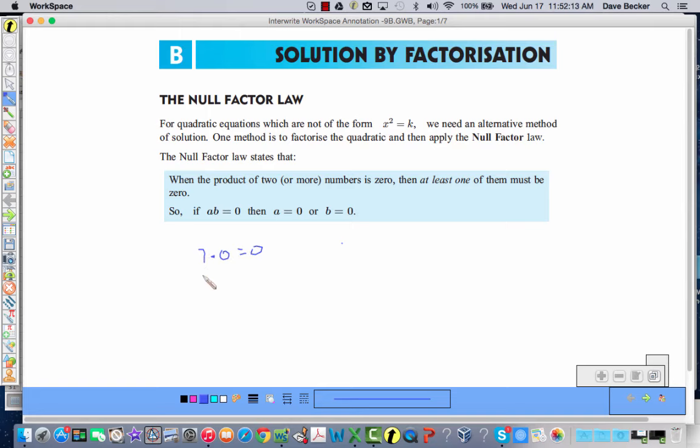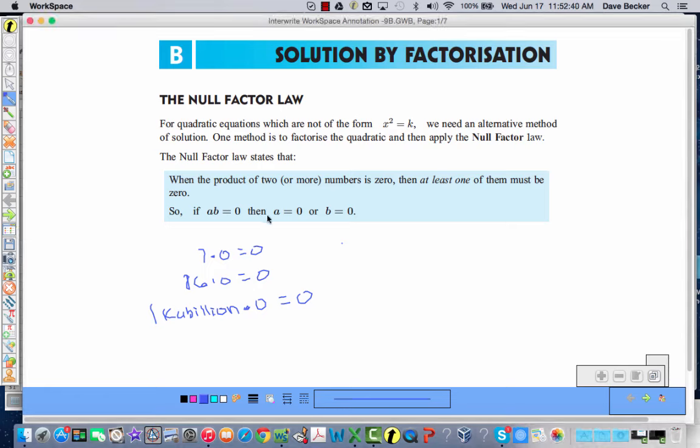Doesn't matter what a is. 86 times 0 is 0. 1 kabillion, that's not a real number, I know, but 1 kabillion times 0 is equal to 0. It doesn't matter. So this equation is true if b is equal to 0, or using the same argument if a is equal to 0.